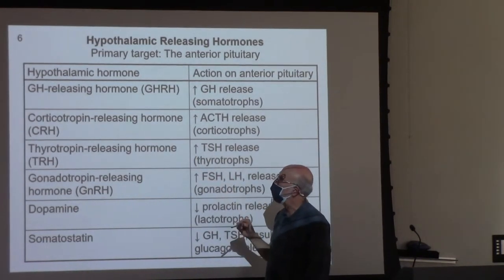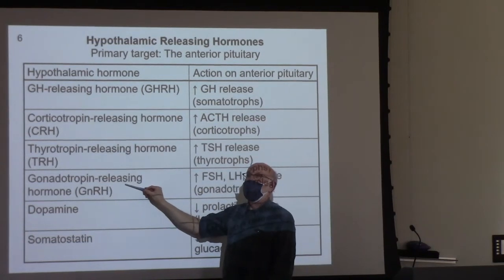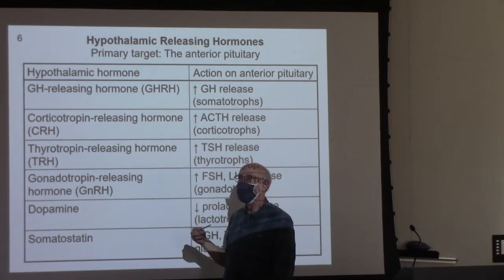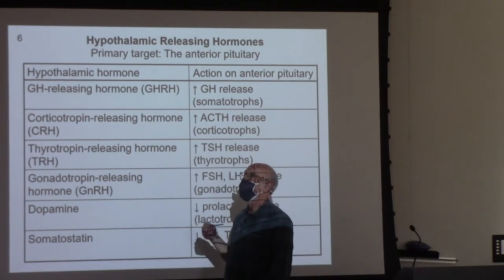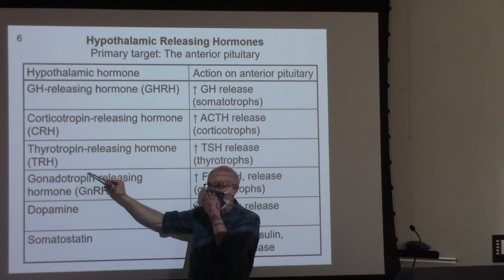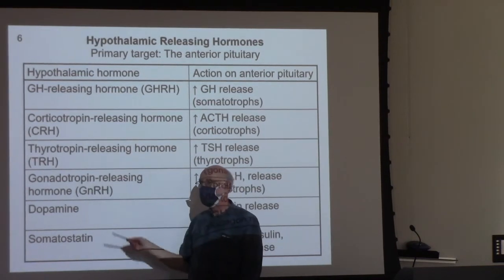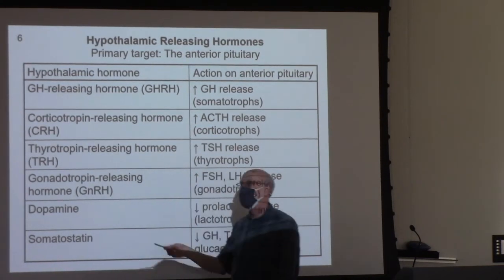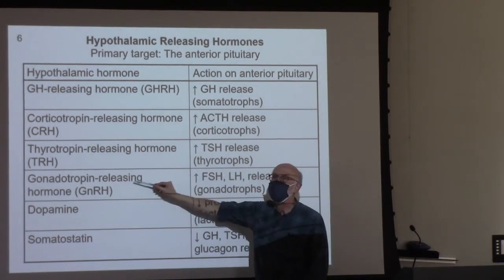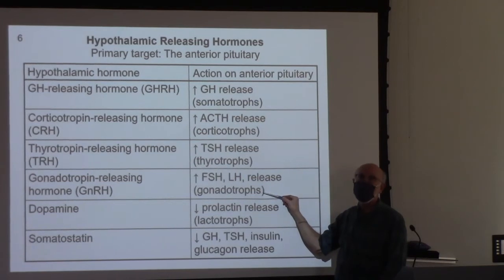We've done TRH. Other cells, so I'm just using the language again. Other cells in the hypothalamus release GnRH, gonadotropin releasing hormone, into the portal circulation at the median eminence. Portal circulation carries it where it binds to GnRH receptors that are expressed on gonadotropes.